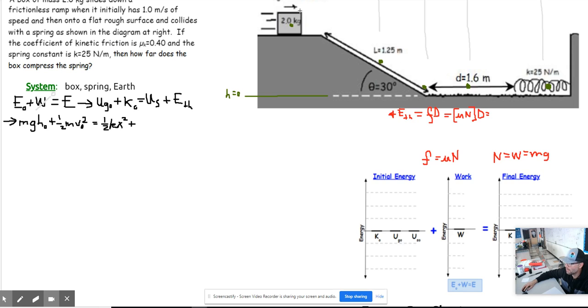So when this block gets down here on this friction surface, it's got mass, so gravity pulls it down with some weight. And normal force is going to be acting upwards. And I'm only drawing my vertical forces here. We're ignoring everything that's happening horizontally just to keep this simple.